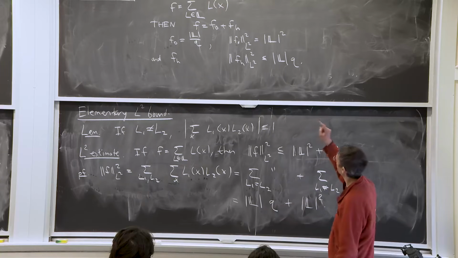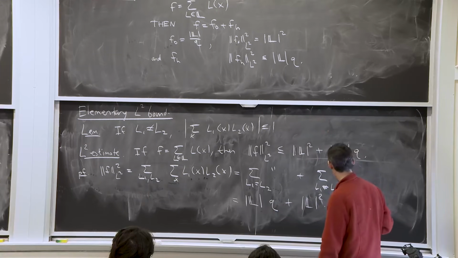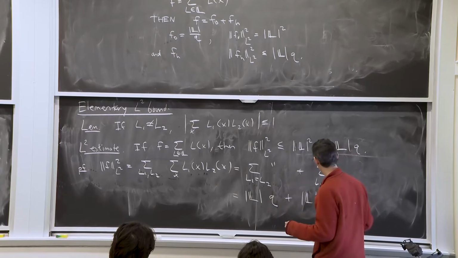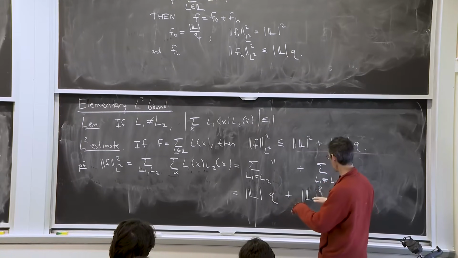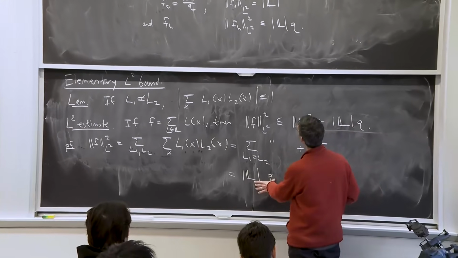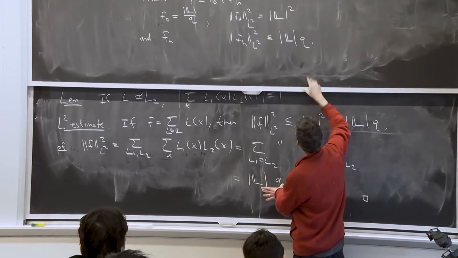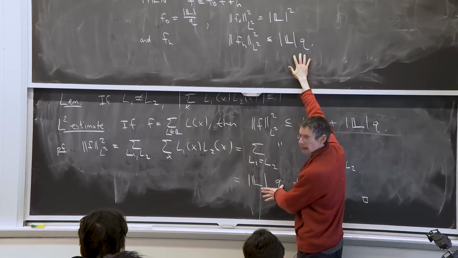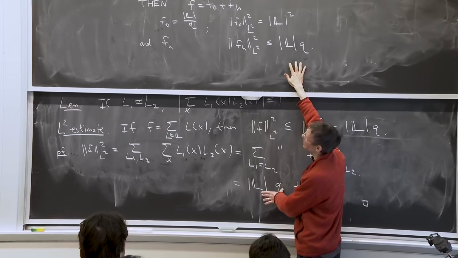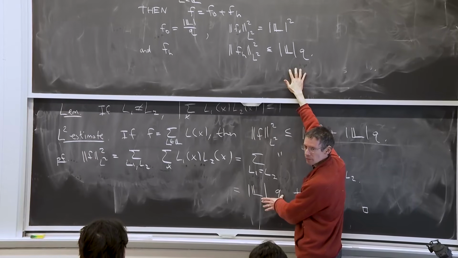OK. But the main lemma has more information than that. Well, there's actually really two cases. If q is bigger than the number of lines, then this term dominates here, and this term dominates here. And in that situation, the main lemma doesn't really have much more information than this, because the function f high is not that special.